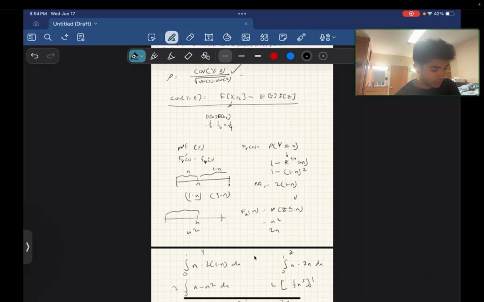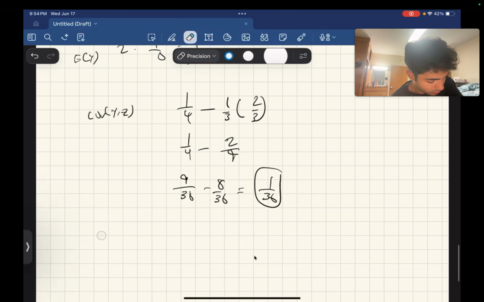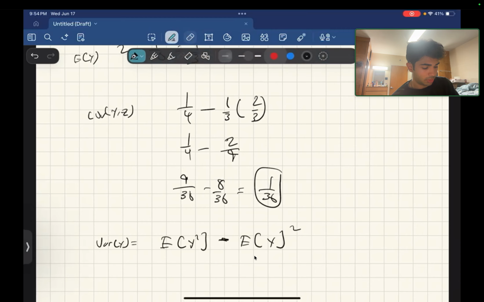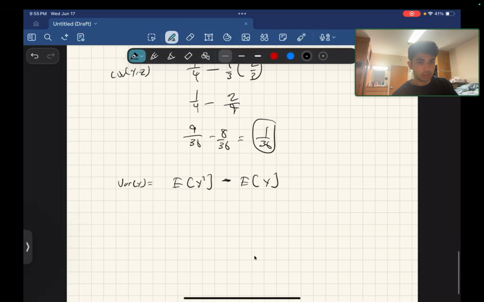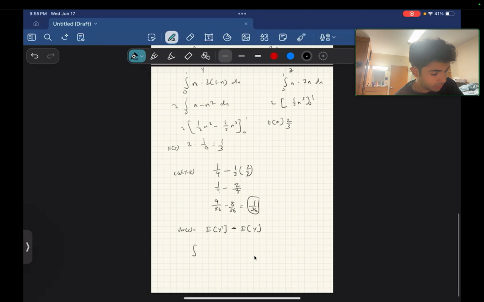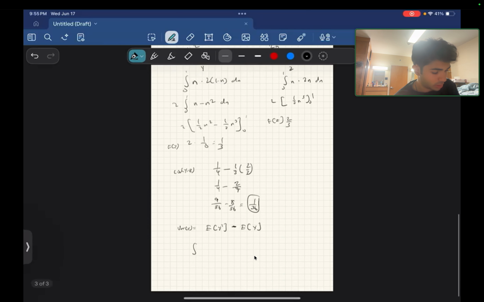Now for the denominator, the variance of y is the expectation of y squared minus the expectation of y, so the whole thing squared? I'm not sure, I'll check after. Okay. The expectation of y squared is going to be the integral we did earlier, but instead of plugging in n, you plug in n squared.